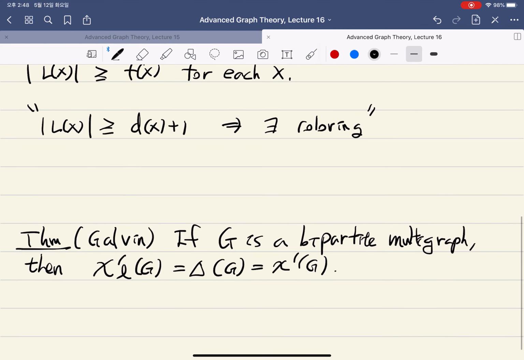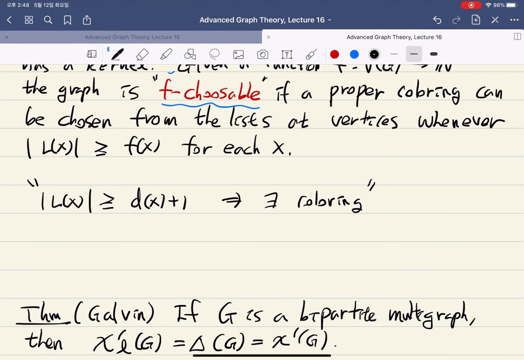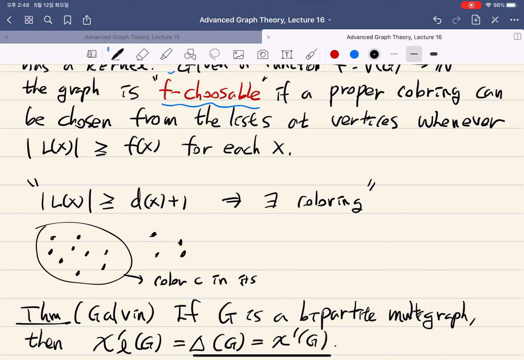Then one possible way of proving it is that we collect all the vertices which have a color, say C, in their list.